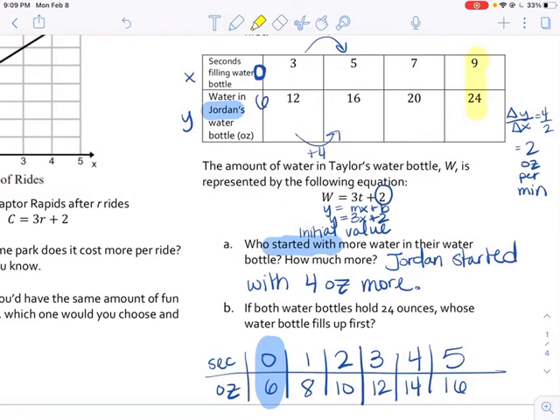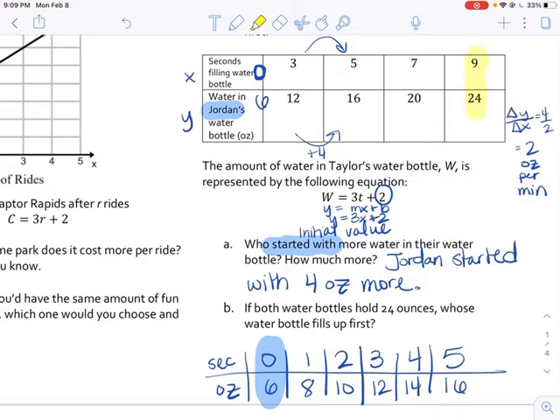Now I have to figure out Taylor's. So this is when it gives you an X or a Y and it asks for the other one. Whenever you have it asking for a specific number, you can either find it from the representation like I just did, or you can plug it into the equation if you've found one. So we're going to do that with Taylor's.